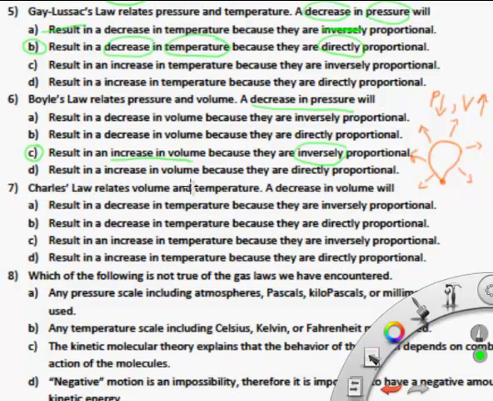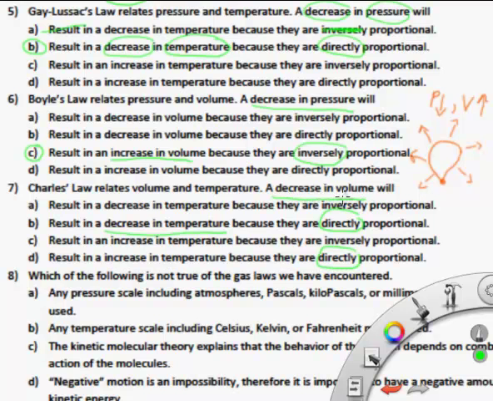Charles's law relates volume and temperature. If you look at the notes from Charles's law, volume and temperature are directly proportional. So let's key in on it. Directly proportional. A decrease in volume will result in a decrease in temperature.